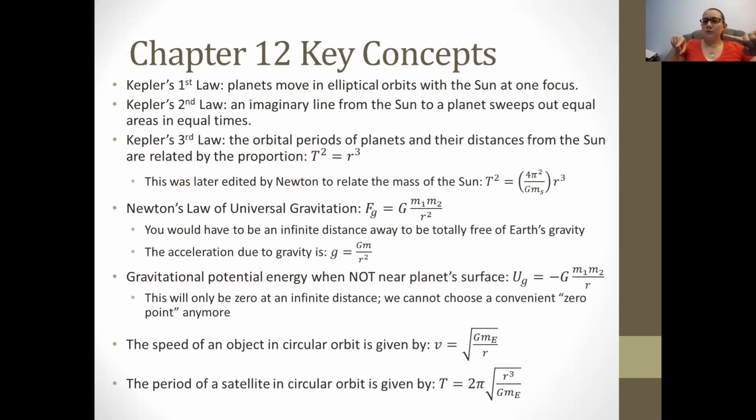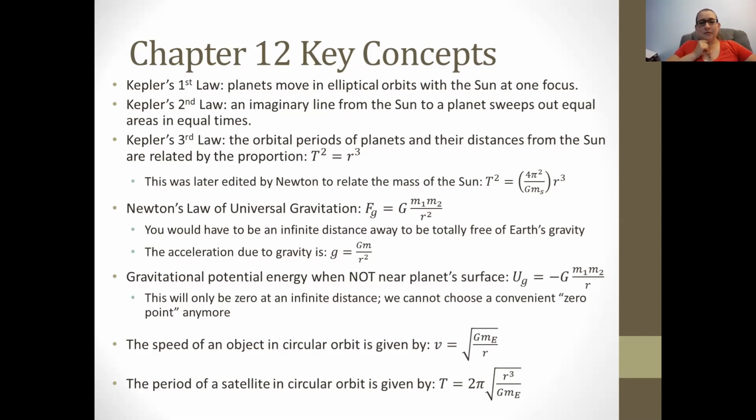And so since it moves slower over here on this side, but then faster over here, if we look at, let's say, a 1 month interval, for each time interval, it will sweep out an equal area, kind of triangular shape, but like a pie shape, right? A little bit rounded over here. So it will sweep out equal areas in equal time intervals because it moves faster sometimes and slower other times.